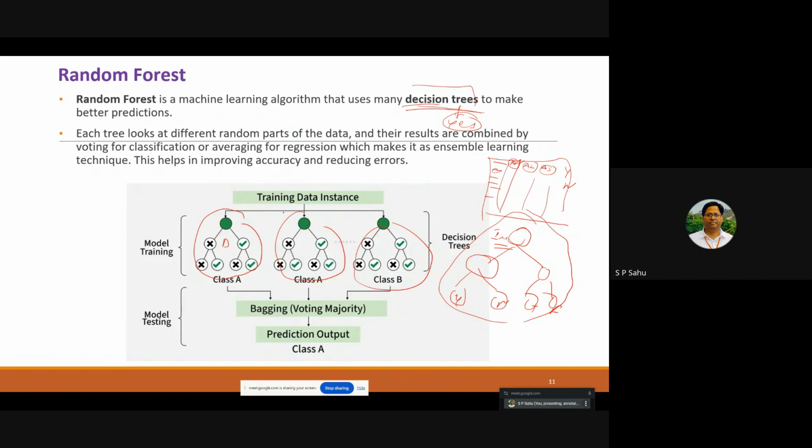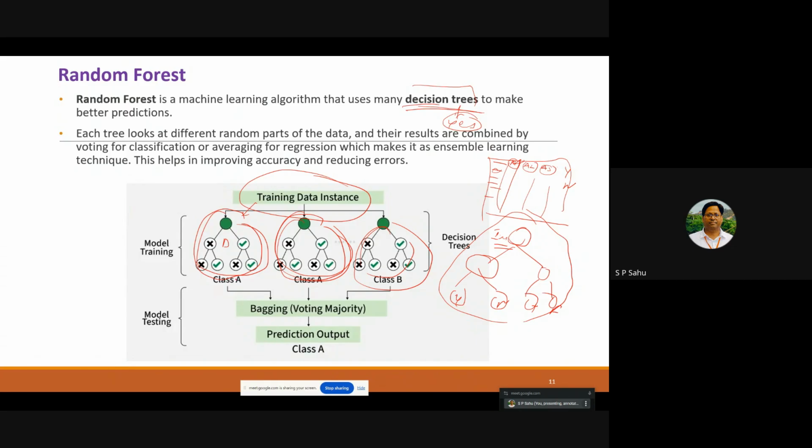Out of the total sample data, homogeneous data, a data chunk will be provided for decision tree 1, and another data set, maybe with repeated data, a random selection, will be assigned for creating decision tree 2, and similarly for 3 or 4, and many more may be there.